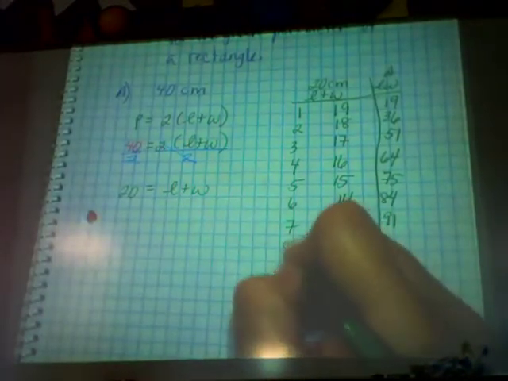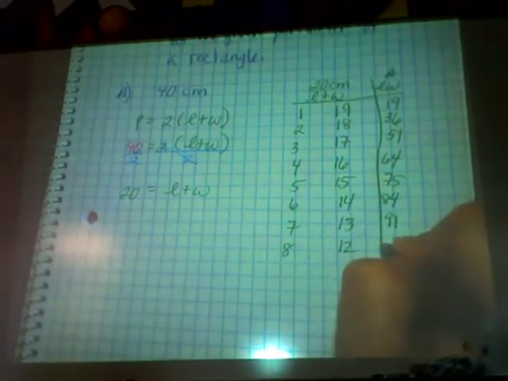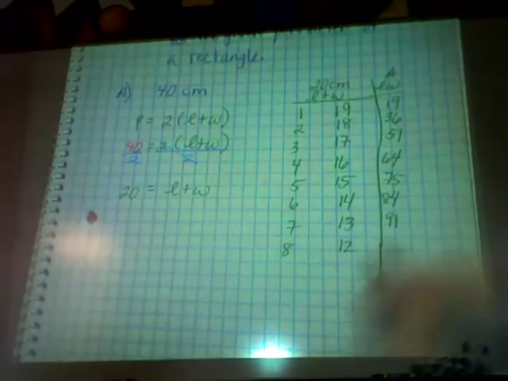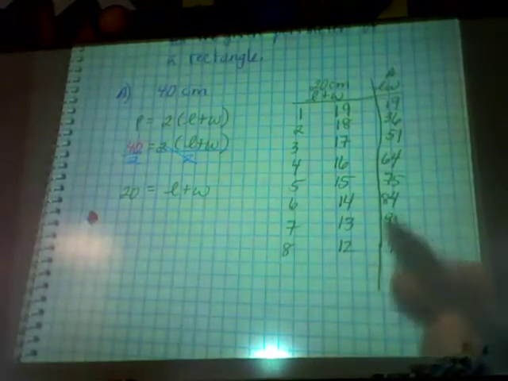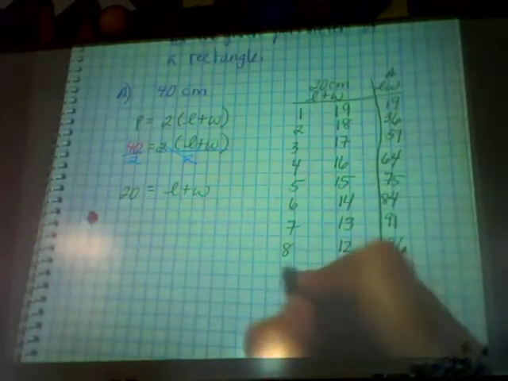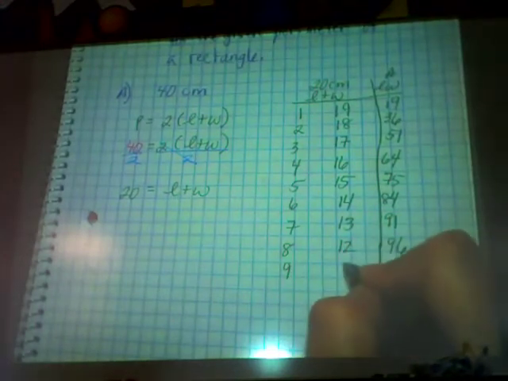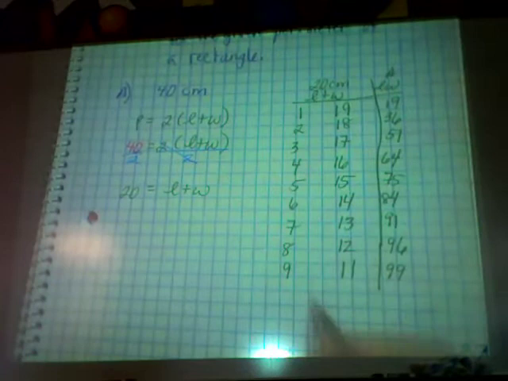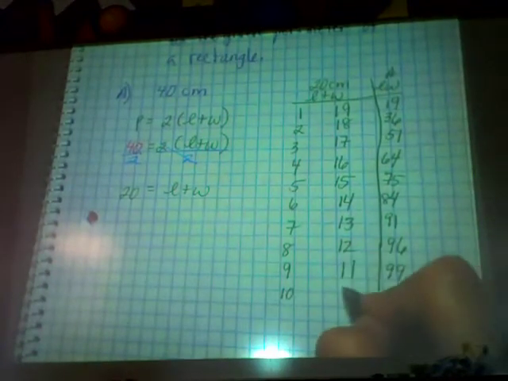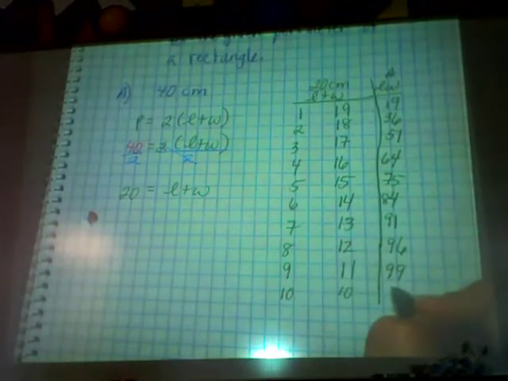And then 8, 12 gives me what? Now it's starting to slow down, isn't it? 9 and what? That should be easy. 99. And then 10 and 10 gives us 100.